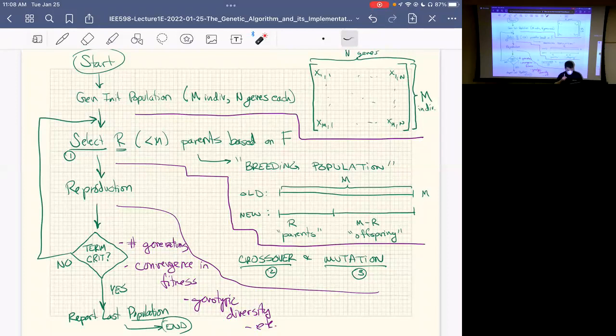Question? So isn't the offspring basically just small perturbations from the original R parents? Well, we'll see that. There are different mutation operators you could try. Some of those mutation operators are going to just randomly introduce new individuals that have no relationship to the parent. So basically there's sex, so there's crossover.